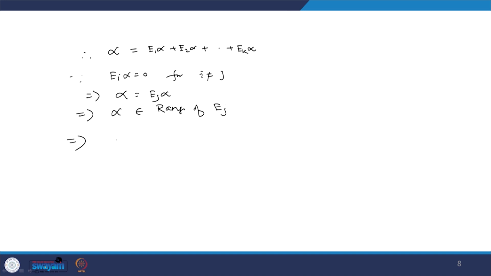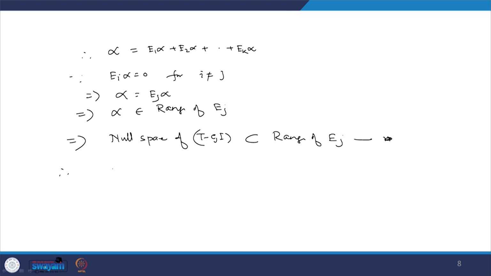So, this implies the null space of T minus CjI is also a subset of the range of Ej. So, already we have seen the range of Ej is a subspace of the null space of T minus CjI, and now I am showing that the null space of T minus CjI is a subspace of the range of Ej.